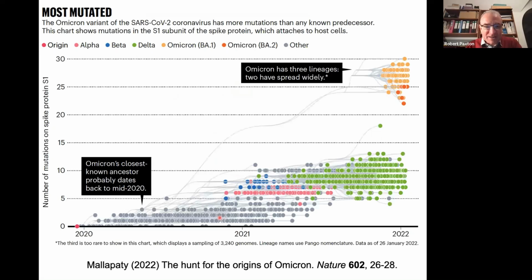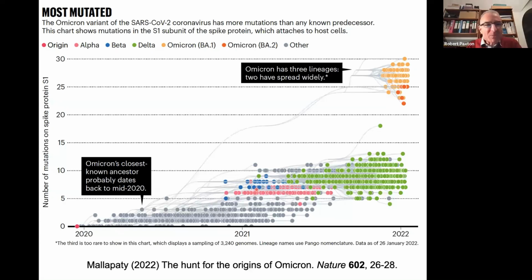that this is a diagram showing the different variants of Omicron that arose from 2020 through to 2022. Here on the y-axis, we have the number of mutations on the spike protein, so there's a genetic difference from its origin. You can see that a number of variants have arisen.